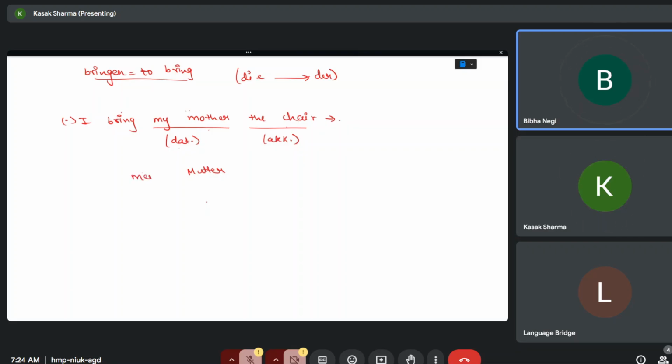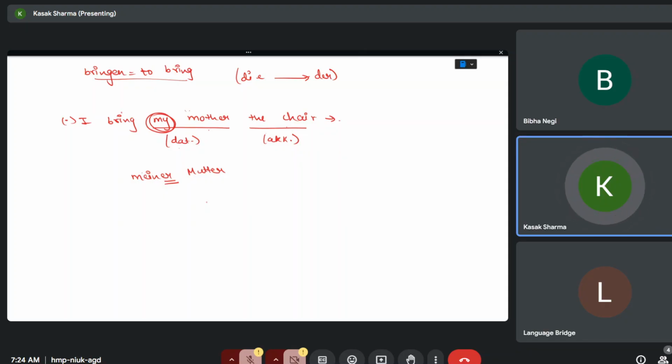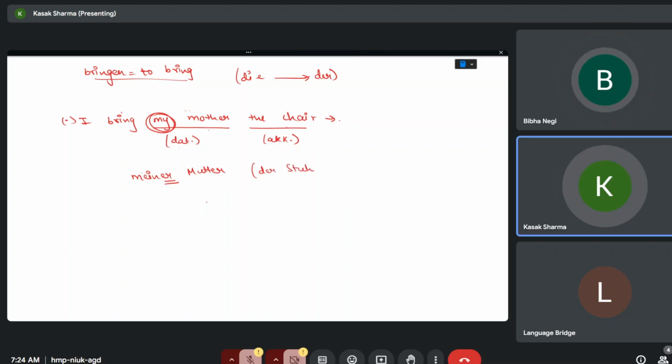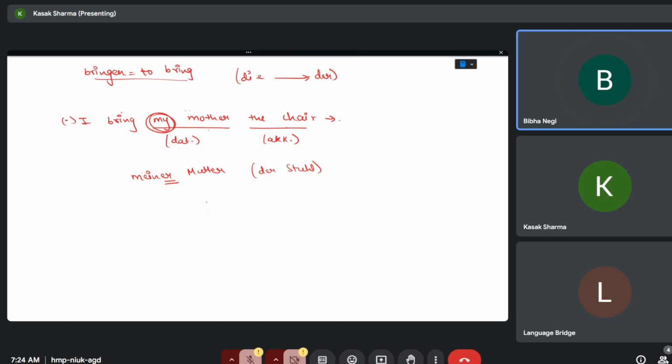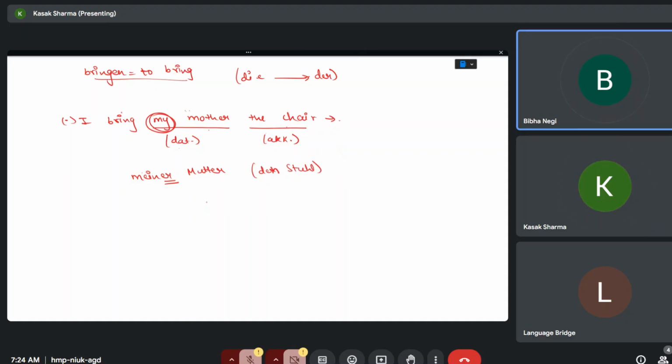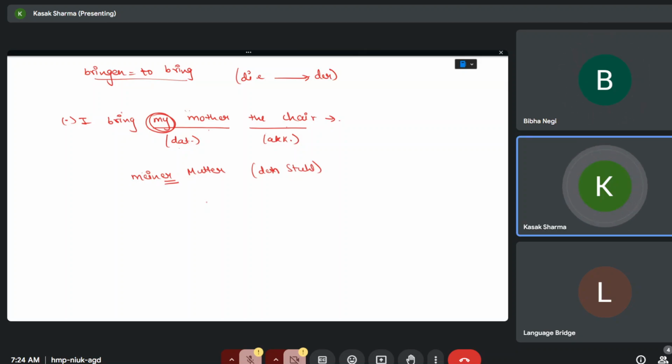Ich bringe meiner Mutter. And the chair, der Stuhl, is accusative, so it will be den Stuhl. In dative it will be dem Stuhl, correct? Yes.